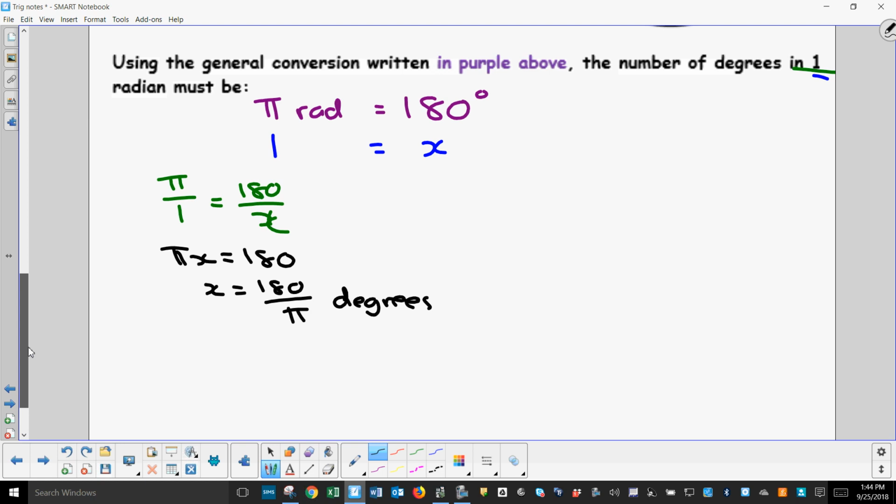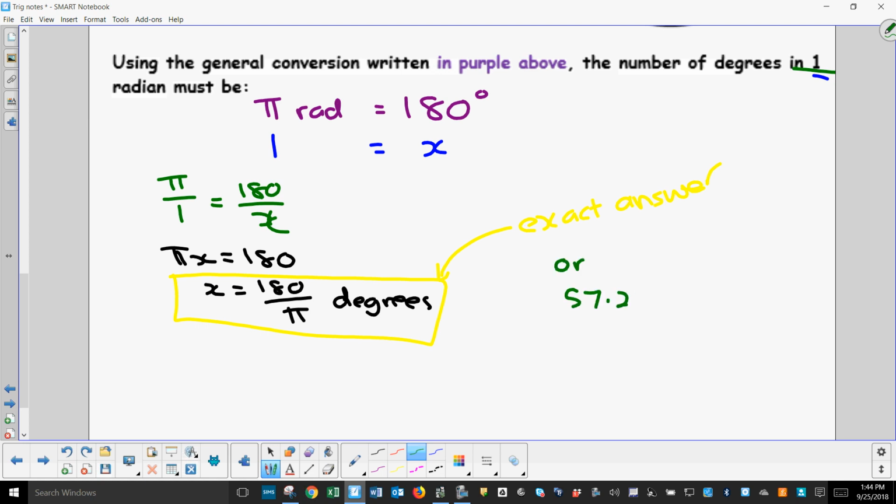That's called an exact answer. So 180 divided by pi would be considered an exact answer. If you were asked to round to 3 sig figs, you would just work out what 180 divided by pi is, and that's going to give you something like 57.29.